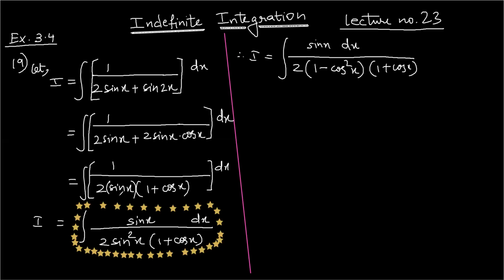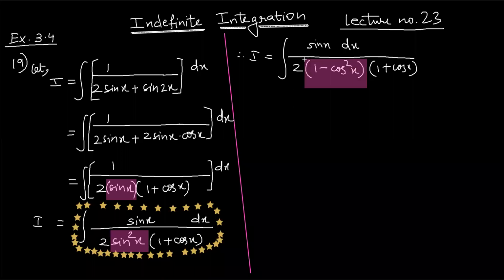So my aim was to make this sin x in the denominator into sin square x. Why? Because if I get sin square x, I'll be able to write 1 minus cos square x. And then you know what? This 1, I can treat it as 1 square.